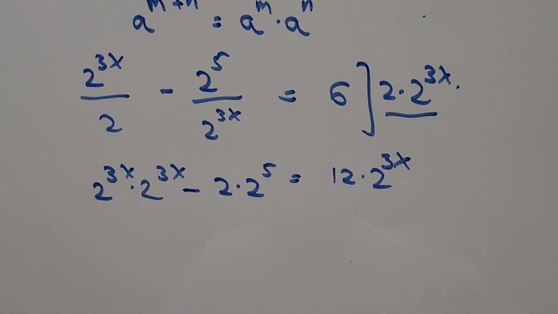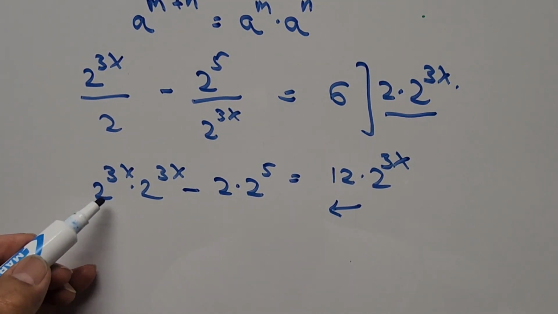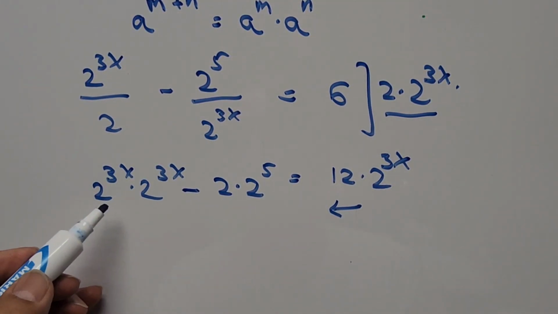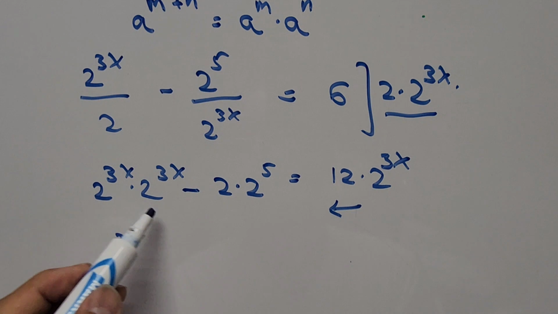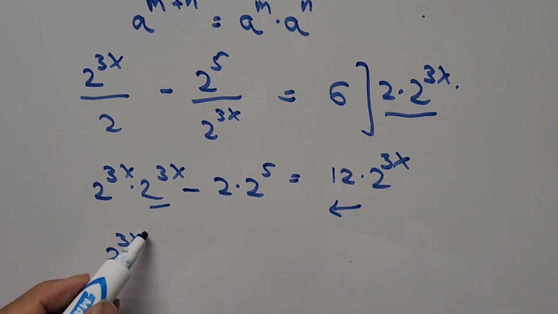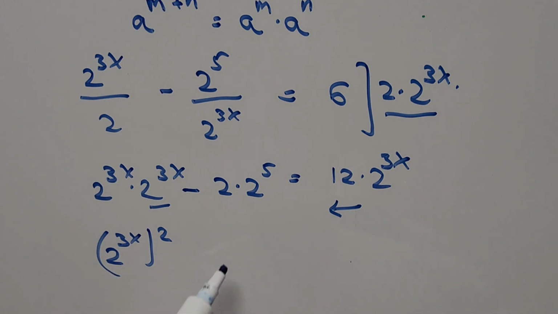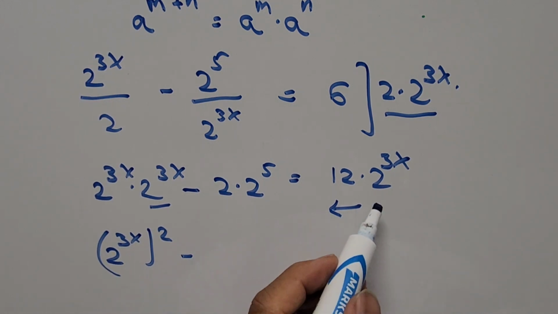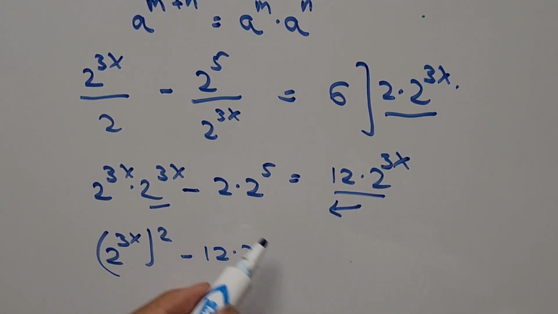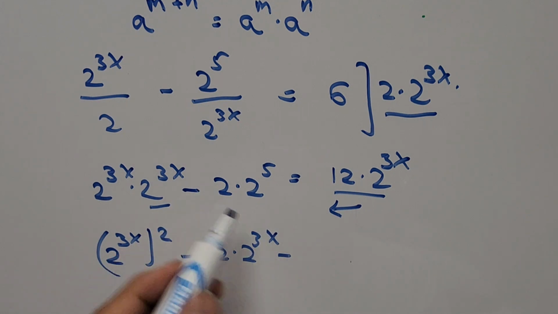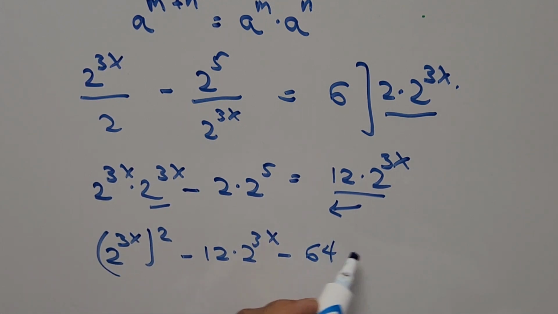Putting all the variable terms together on the left-hand side, we have 2 to the power of 3x times itself, so we can write it as a square. Then minus 12 times 2 to the 3x, minus 2 times 2 to the fifth power. 2 to the fifth power is 32, times 2 is 64. This is equal to 0.